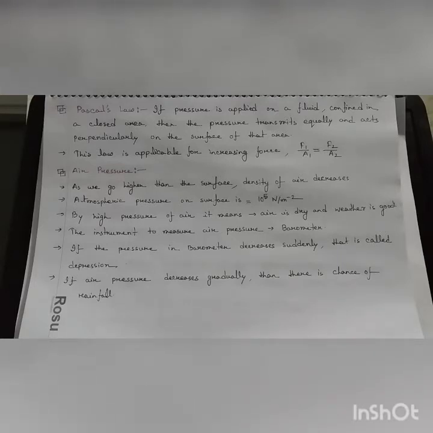As we go higher than the surface, the density of air decreases. And atmospheric pressure is an important term we have to remember for mathematical questions. Atmospheric pressure on the surface is 10 to the power 5 Newton per meter square.